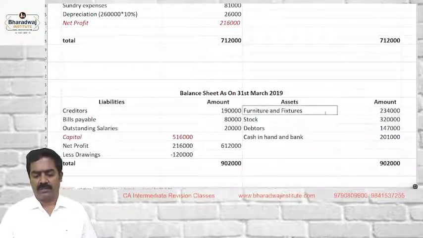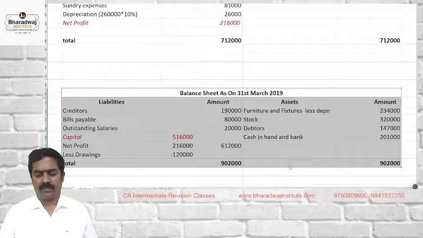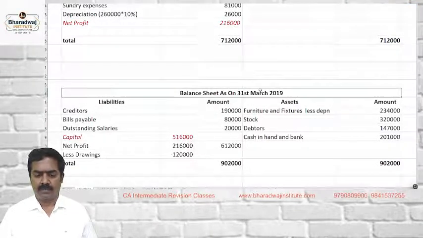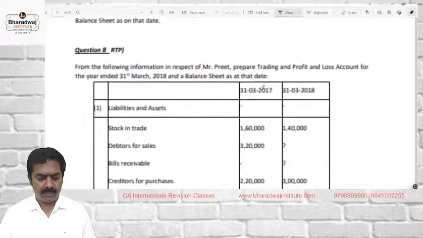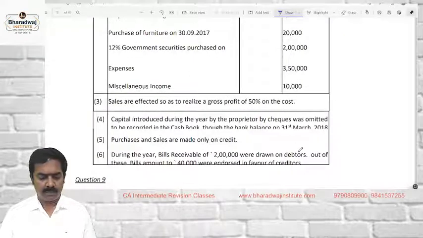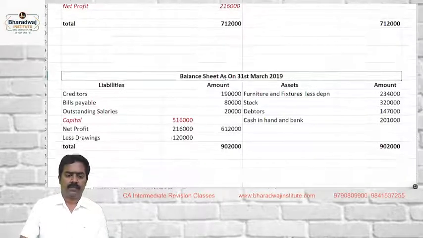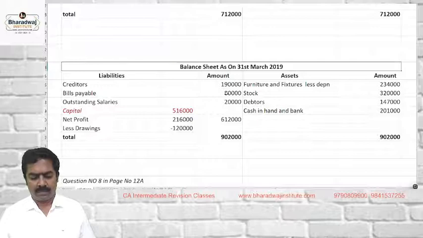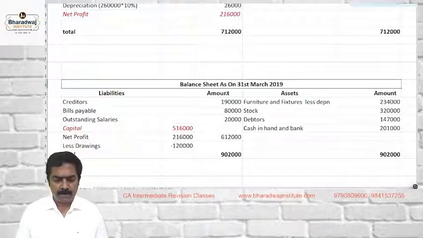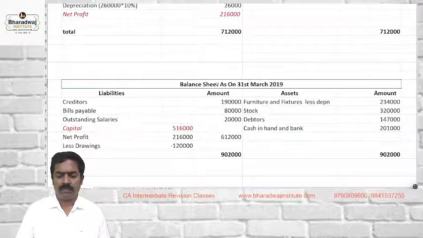Furniture and fixtures minus depreciation. Done?